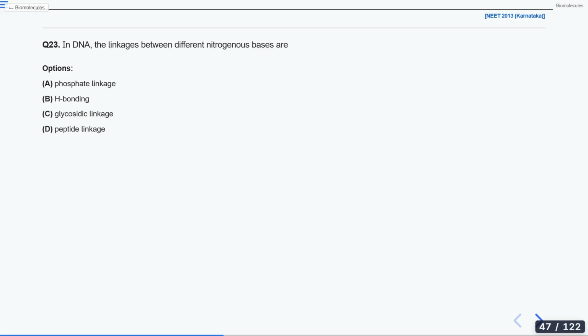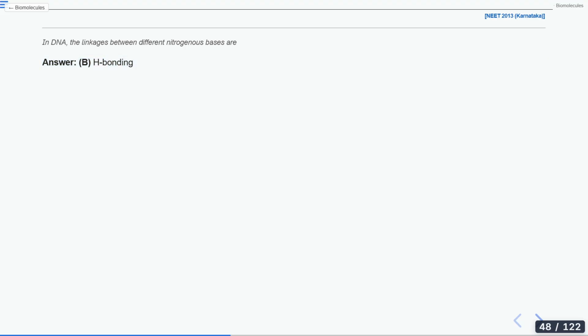Very good. So in the case of two strands, the strands are joined together through the bases with the help of hydrogen bonding. We have discussed it earlier: A-T and C-G. A and T have two hydrogen bonds, C and G have three hydrogen bonds. Moving on to the next question.